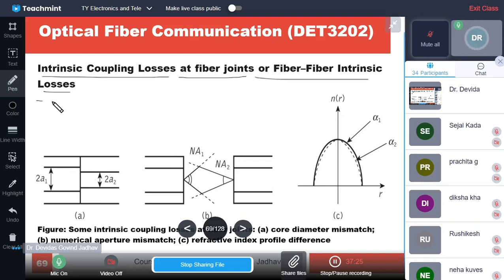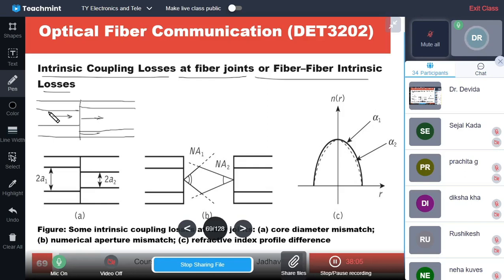But if the transmitting fiber has a smaller diameter and the receiving fiber has larger core dimensions than that, then the transmitting fiber is completely covered by the receiving fiber and there will not be any loss.